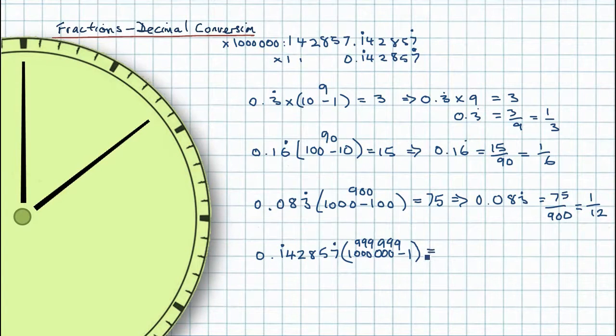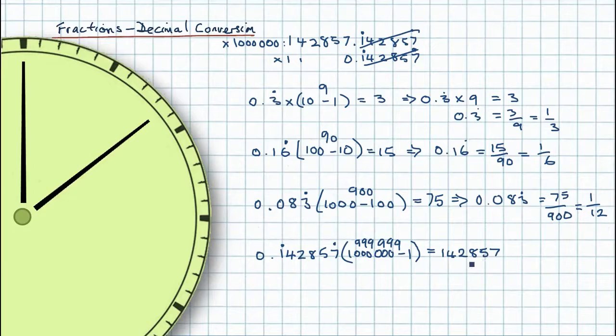My answer was what though? My answer was, well, I can cancel this now, which is very nice, and I've got then 142,857, subtract 0. So in other words, it is 142,857.